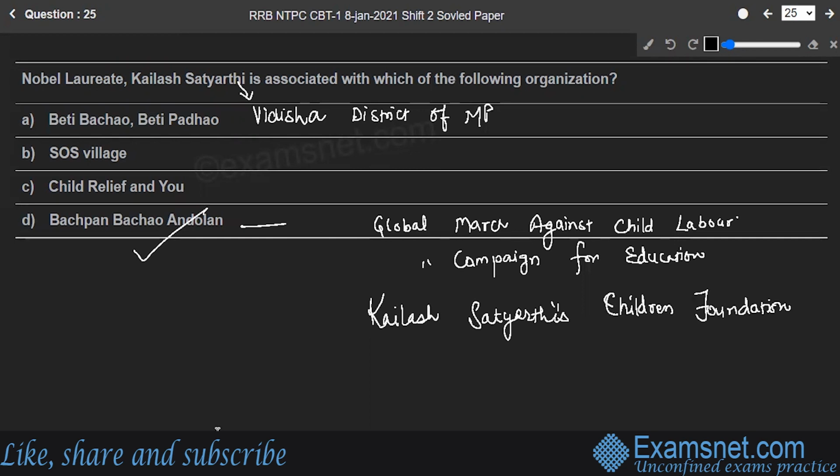He has also contributed to the development of international conventions on the rights of children. So we have option D as the correct answer.